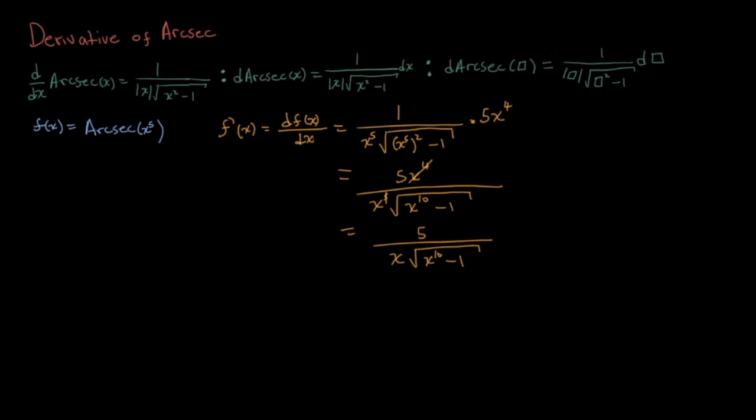So let's do another example here. Let's say we're given another function, we'll call it h at x. So h at x is equal to the arcsecant of negative 2 times e to the x.